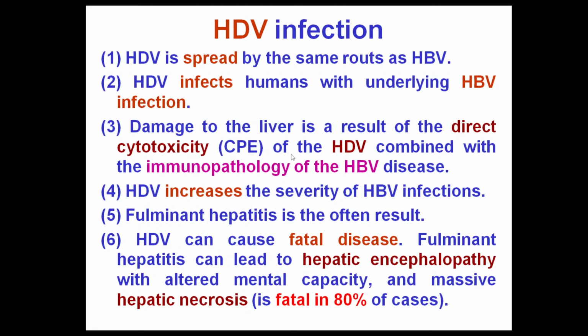And this virus is cytotoxic. It means it has direct cytotoxicity upon the infected cells. So, the combination of hepatitis D and hepatitis B virus infection usually causes very severe liver damage.